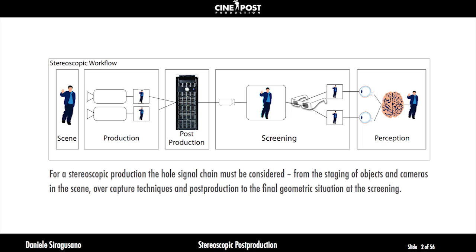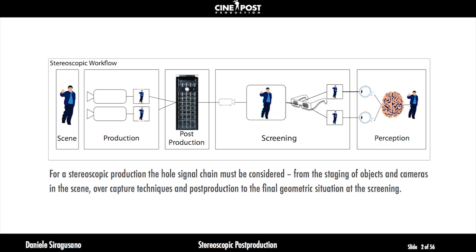So we have to know, and there we still have to do a lot of research, how the perception is going on in the brain, how the screening is, how we're doing the post-production, and how the geometric situation on set is, like where are the scenes, the objects within the scene, where is the camera, which focal lengths. All this together builds up the final process.